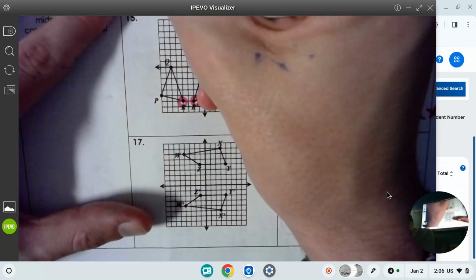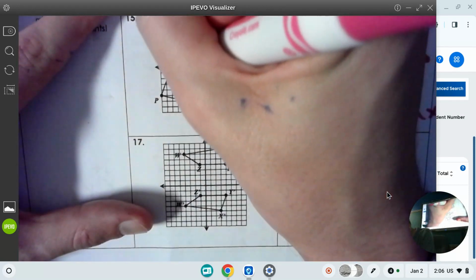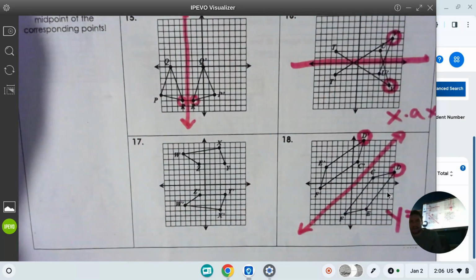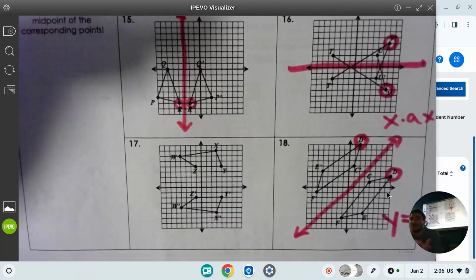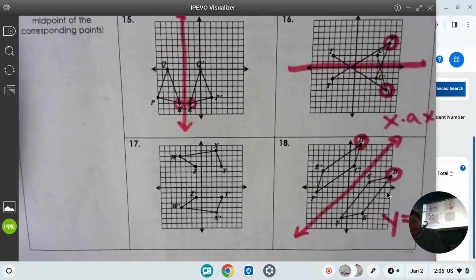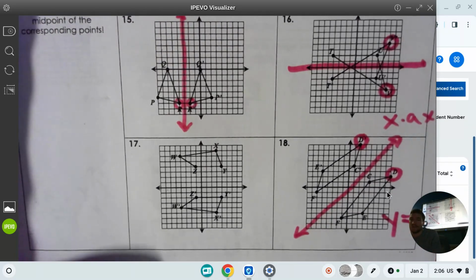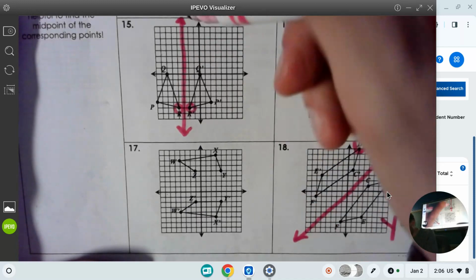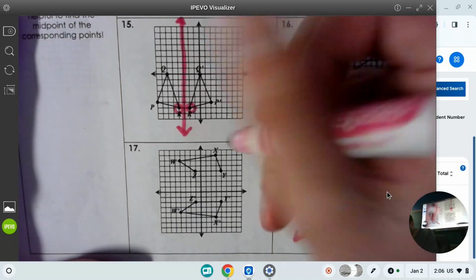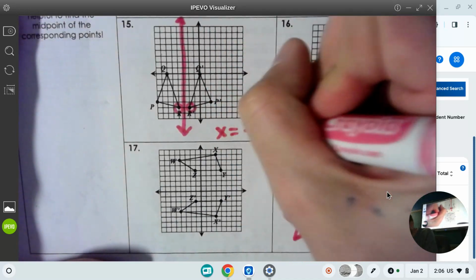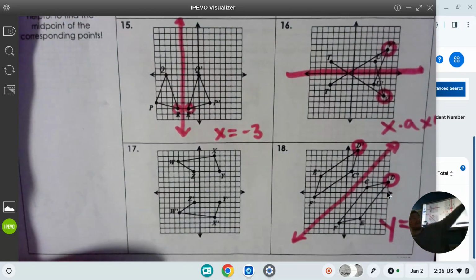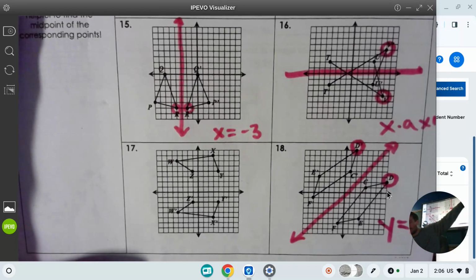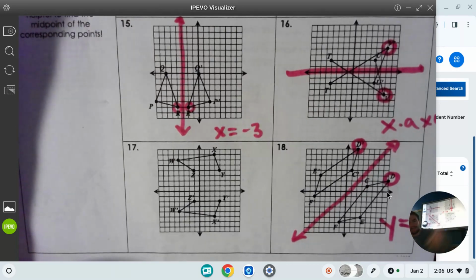This would be a vertical line like that, which is just a vertical line that we've talked about in this class a little bit, but a lot in Algebra 1, right? So the equation for this vertical line is x equals -3. Vertical lines are x equals. I got HOY VUX written on the wall. If you remember HOY VUX helping you out back then.